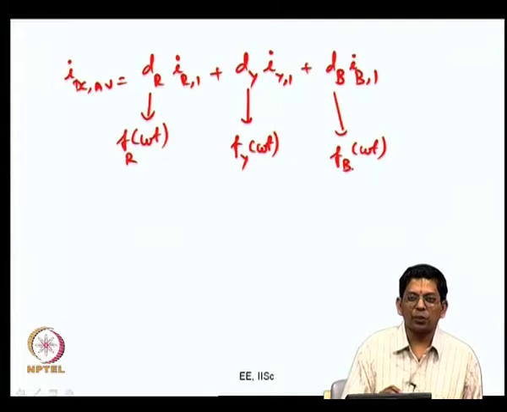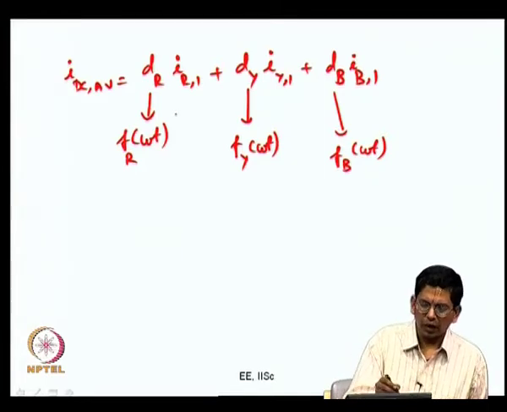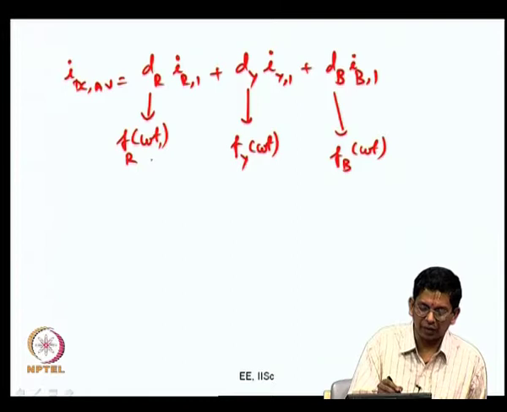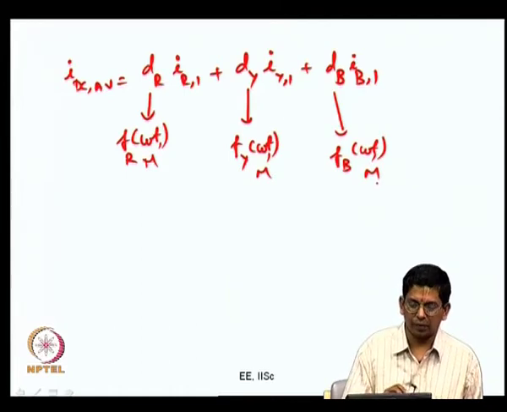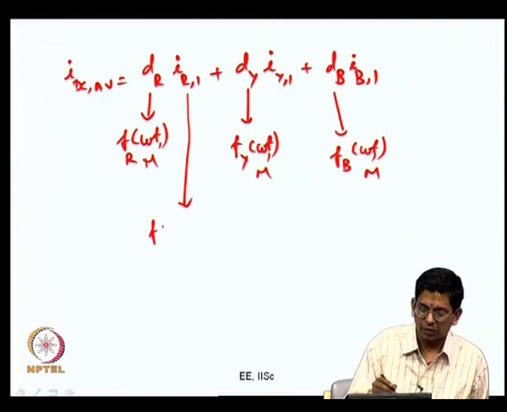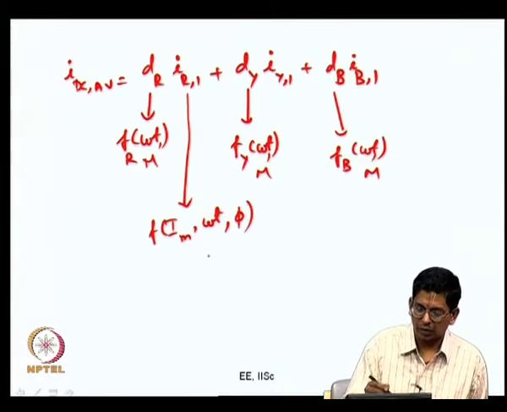Now, how about the other ones, IR1? So, this also depends on the modulation index. So, one way I can say that this is a function of omega t comma m, and this is a function of whatever the peak value Im, and this also varies with omega t and also the power factor angle phi.